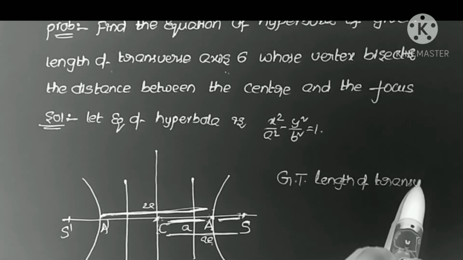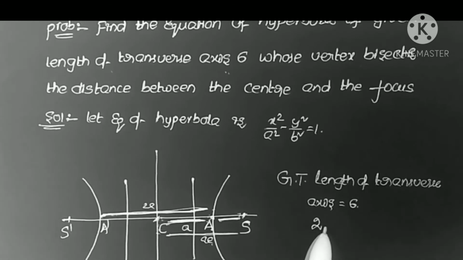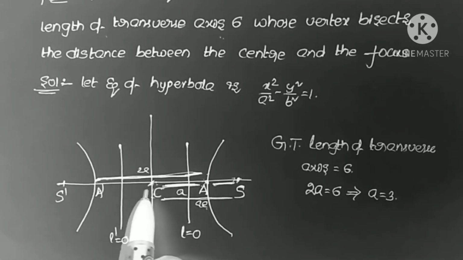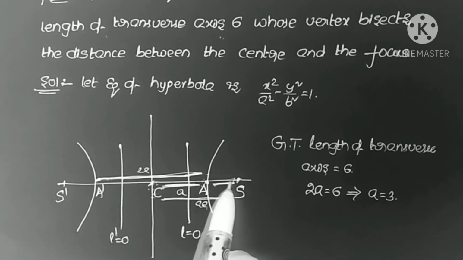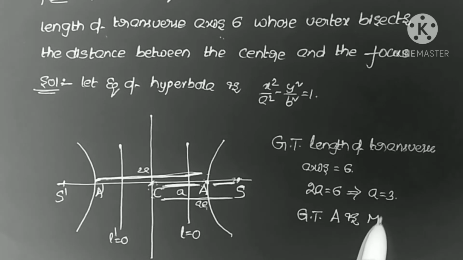Given that the length of the transverse axis is equal to 6, which means 2a is equal to 6, then the value of a is equal to 3. And also given that the vertex bisects the distance between center and focus, that is, A is the midpoint of CS, that is CA is equal to AS.